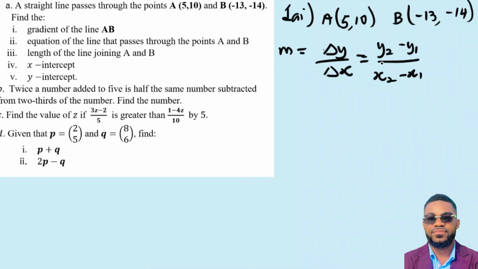So now, how do we get our y2, y1, x2, x1? They are just right here. We just have to label these coordinates so that we know the x1, the x2, the y1, the y2. So now, let me label them.